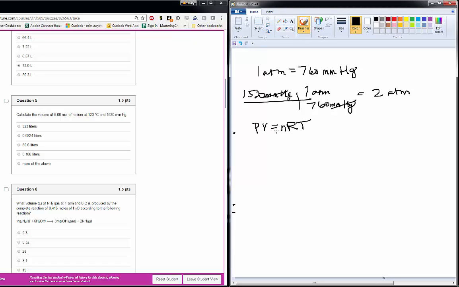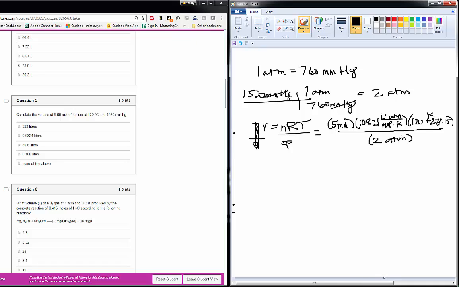All right, so PV equals nRT. They want us to calculate the volume. Every question so far has been asking for volume. Okay, so n is 5 moles. R, 0.0821 liter atmospheres per mole Kelvin. T, we have to convert that to Kelvin, so that's 120 plus 273.15 Kelvin, divided by 2 atmospheres.